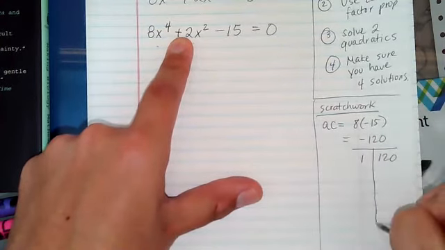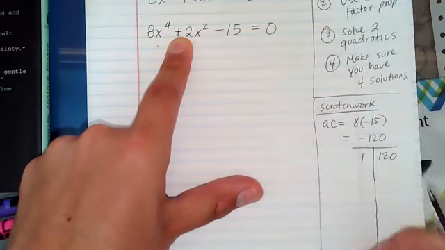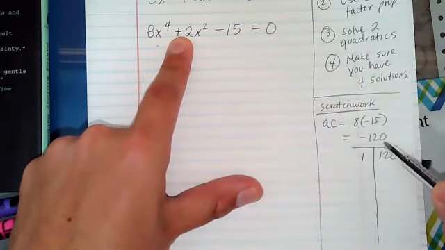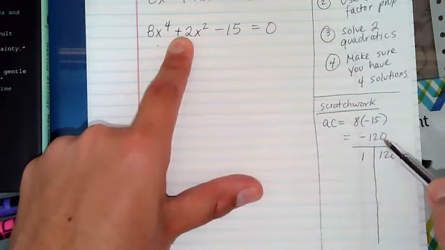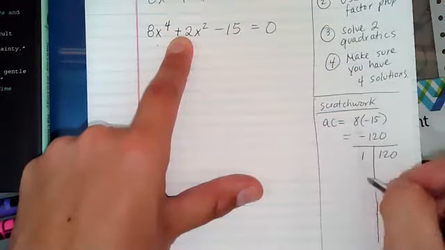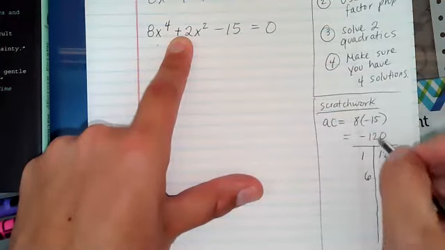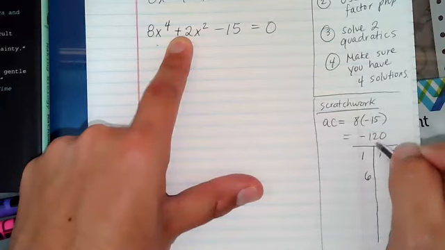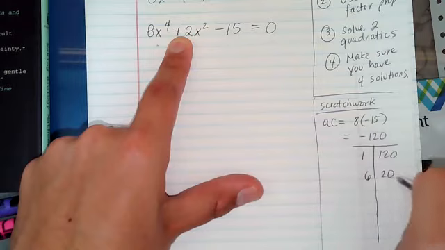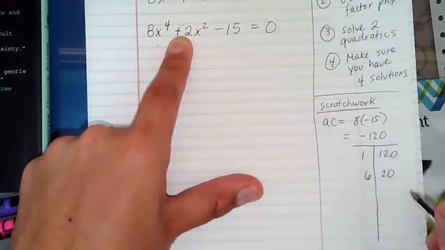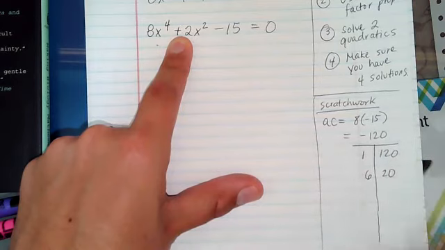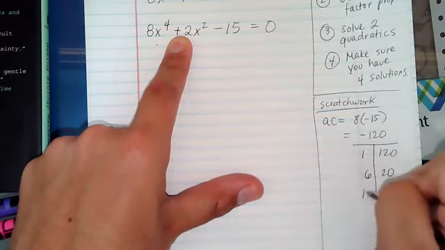You can list all of the factors. You're just going to have a longer list because this is a bigger number. But if you wanted to, you could just jump up and say, okay, this would be 6 and 20, right? Because 6 times 2 is 12, so 6 times 20 has to be 120. But then those don't add or subtract to give us 2. So we need to go a little bit bigger. Maybe we'll go to 12 and 10.